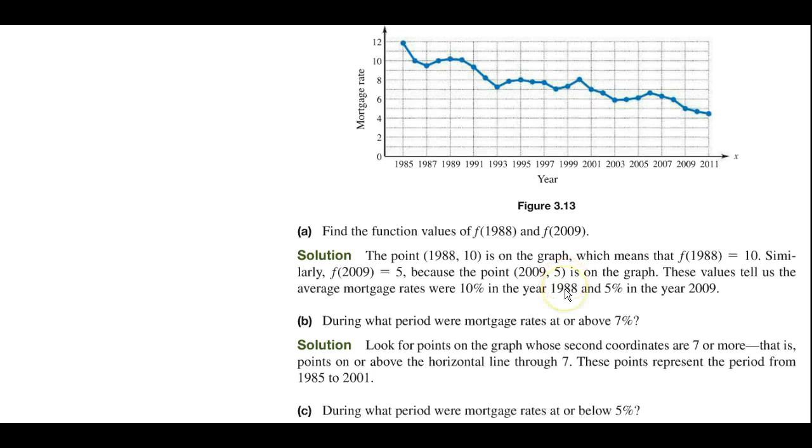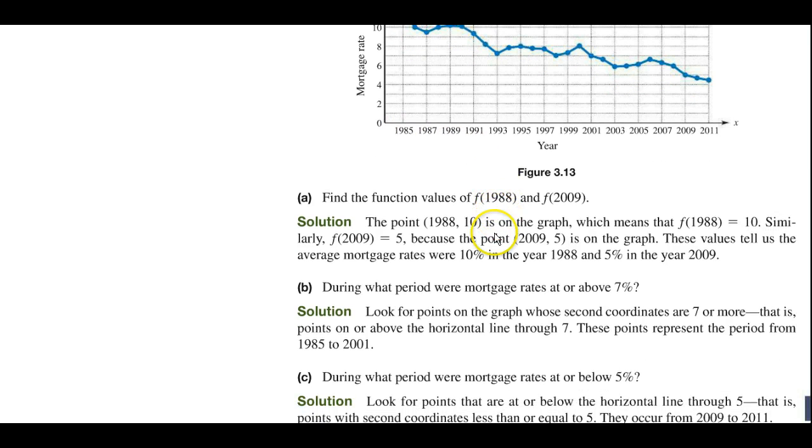And then during what period were mortgage rates at or above 7%? So here we look at 7% right here. And then all the way to 2001, from 1985.